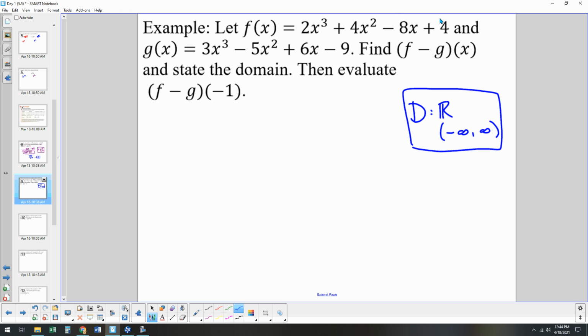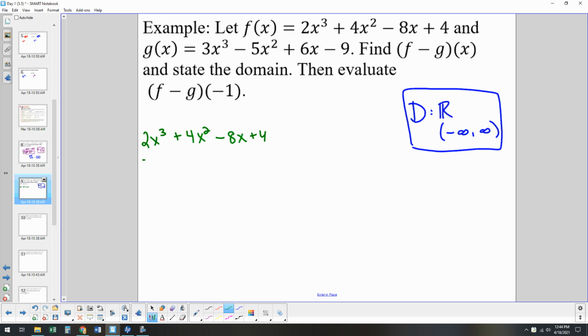So now let's actually do this. Let's subtract. So we're going to get 2x to the third plus 4x squared minus 8x plus 4 minus all of this. So really, I'm going to subtract each of these things. Hold on, lost my pen again. Okay, so I'm going to subtract each of these things.